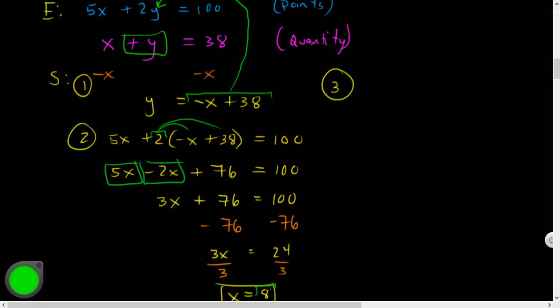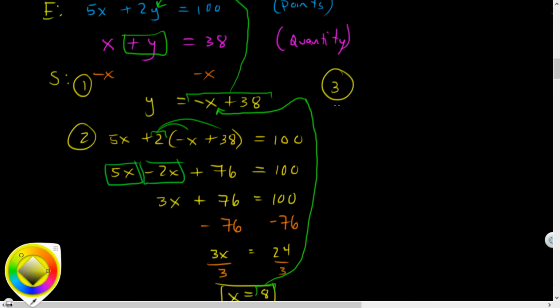Where should I plug this in? I could plug it in here. I could plug it in here. Best place, yep, is right here. This is the best place because this is already solved for y, which is the other variable I'm looking for. You would get the same answer if you plugged it in anywhere.